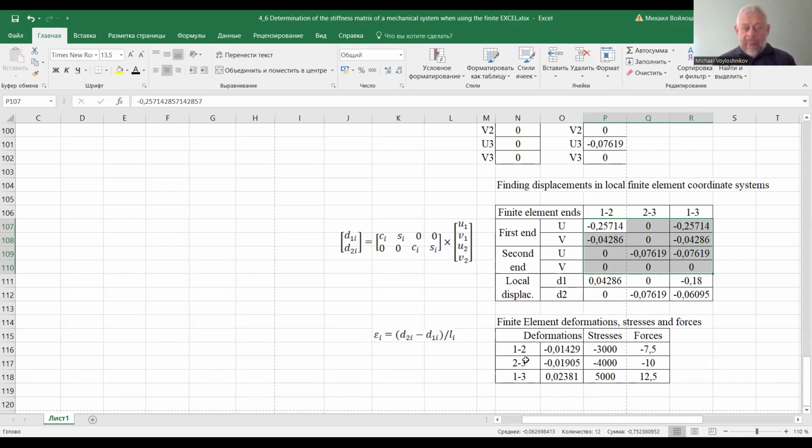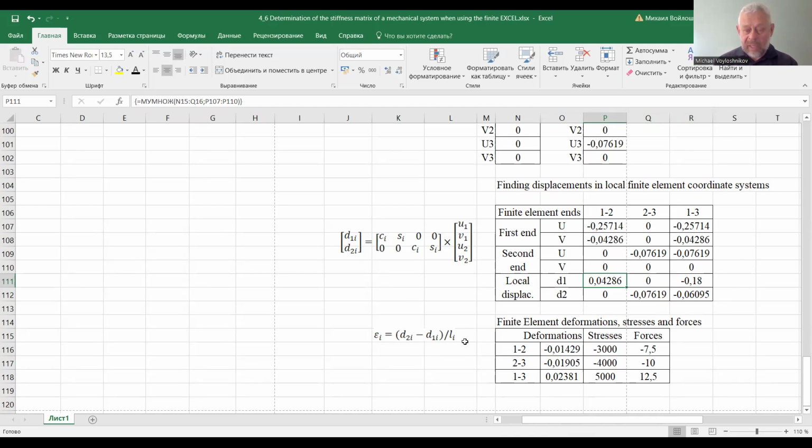And we got the matrix of the displacements of the ends of the finite elements in the local coordinate system. The deformation is obtained by subtracting the displacement of the beginning from the displacement of the end in the local coordinate system, and dividing the result by the length of this finite element.